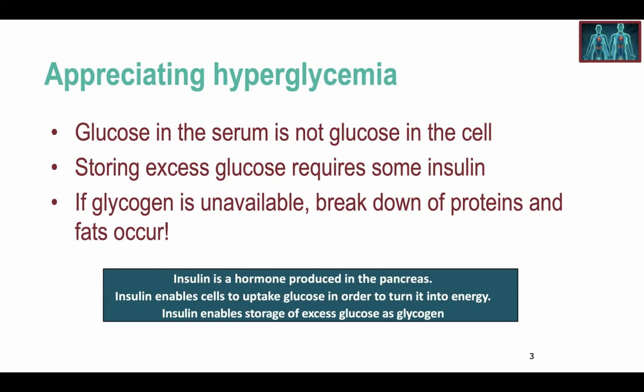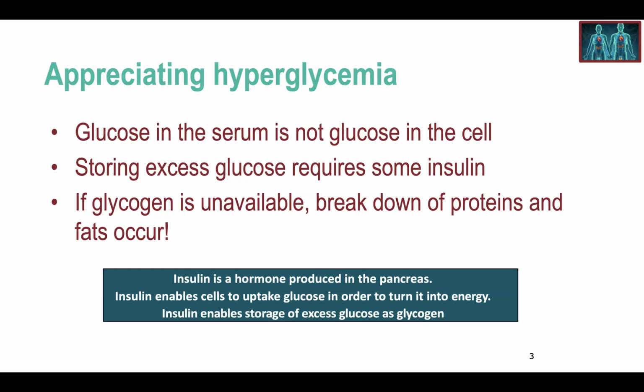So if patients don't have enough insulin to store that serum glucose that's really excessive, store that as glycogen, the cell is starving, the serum glucose is high, and the pancreas is going to release the counter-regulatory hormones. That's more than one, my friends, but the main one being glucagon, the others being growth hormone, cortisol, epinephrine, norepinephrine.